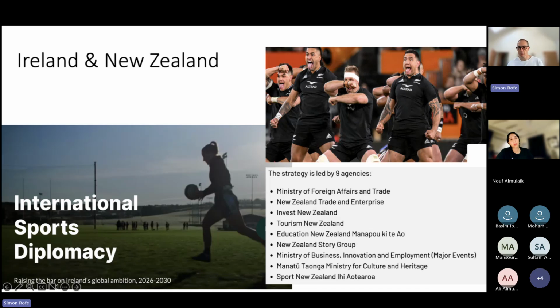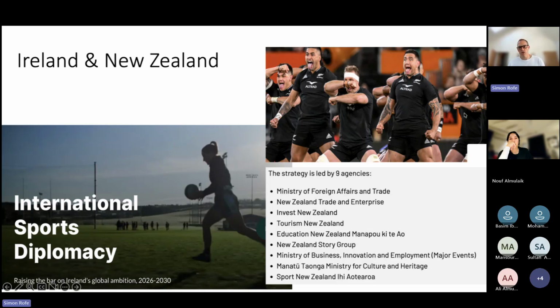Business, innovation and employment, ministries being called different things. The Ministry for Cultural Heritage, reflecting how so much of New Zealand history is shaped by that, often difficult history. And last but by no means least, the last organisation on that list as responsible for sport and the nation is the Sport Ministry.